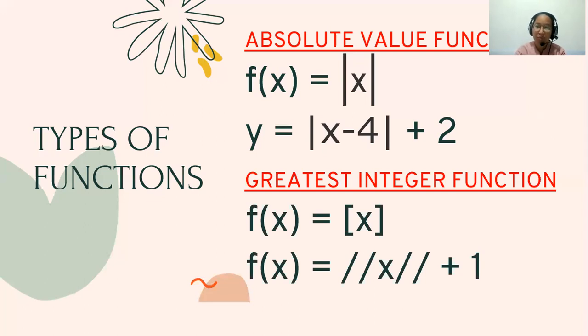Please take note of the symbol. For our example, we have 2 bars before x and 2 bars again after x, meaning you need to find its greatest integer value plus 1. Now that you know the different types of functions, we may now start evaluating a function.